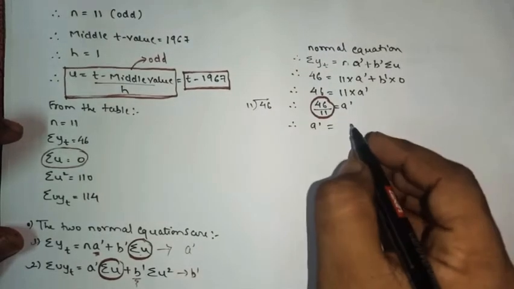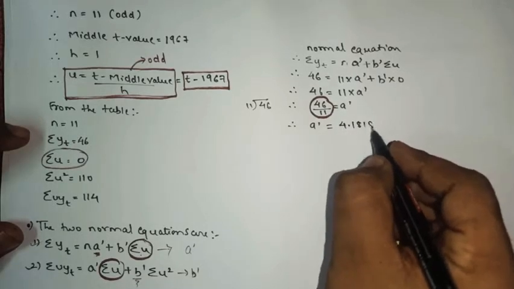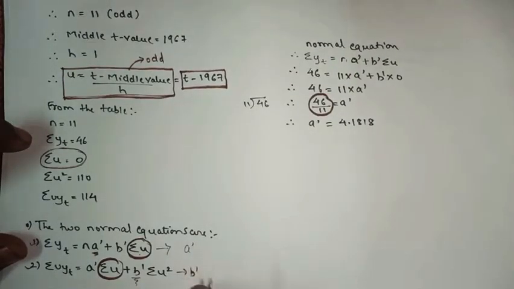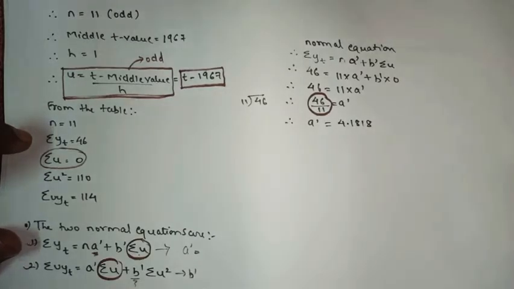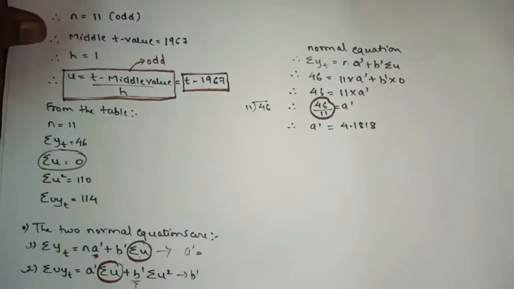Here I will write the answer directly. You will get 4.1818. Now the values of a dash and b dash up to 4 decimal places you will find. It is compulsory, up to 4 decimal places you have to find as per the rule of this chapter. A dash, b dash up to 4 decimal places.